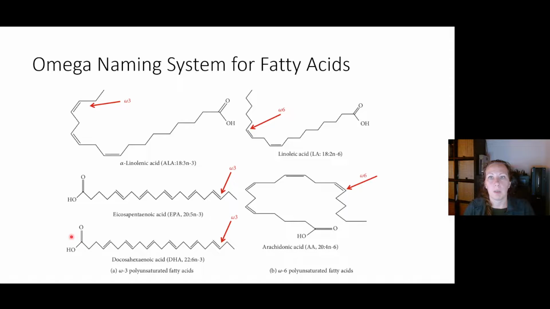And by supplement, I mean include these in our diet. So that is why there are often recommendations to consume foods that are rich in EPA and DHA, which are found primarily in fish oils.